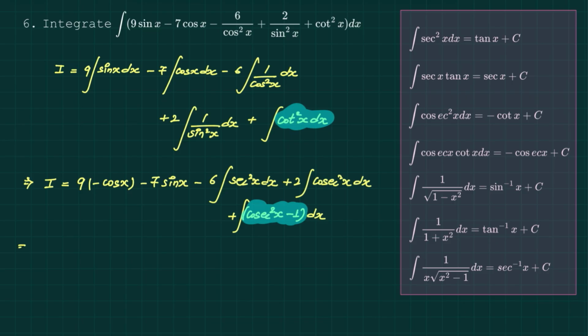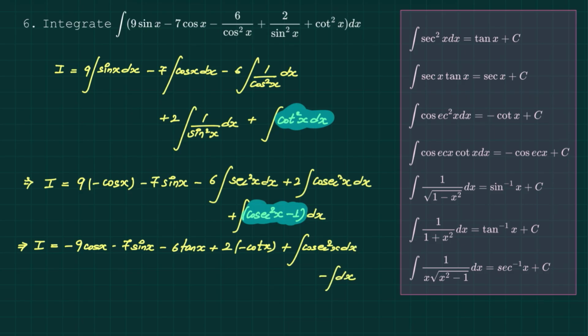So my integral I will be equal to minus 9 cos x minus 7 sin x minus 6 times integration of sec square x, which is tan x from the formula, plus 2 into integration of cosec square x, which is minus cot x, plus here we distribute integration of cosec square x dx minus integration of 1 dx.